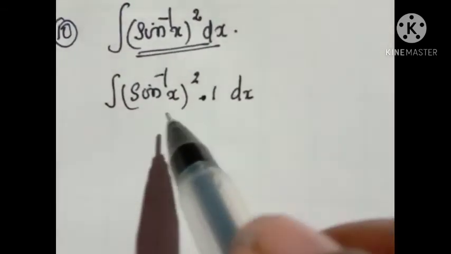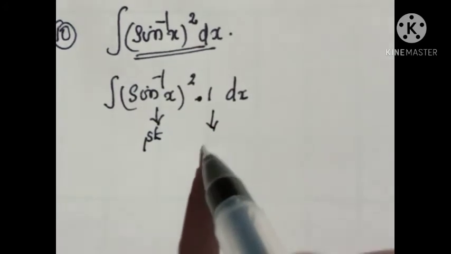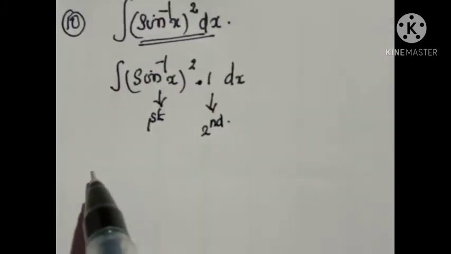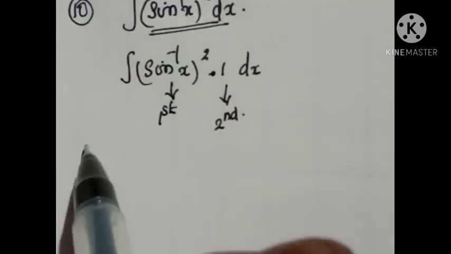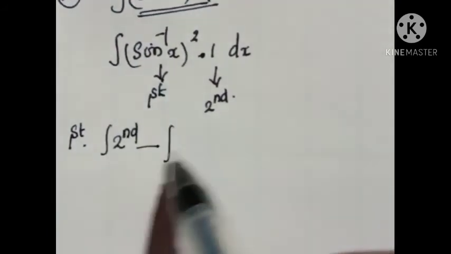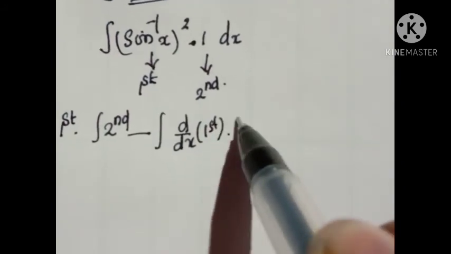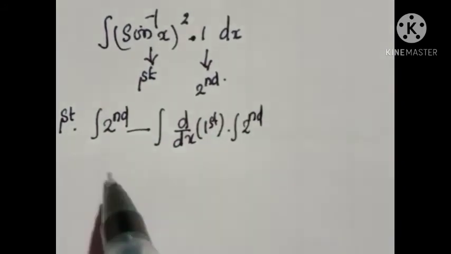Okay. Now consider this as the first function and 1 as the second function. So integrate by parts: first into integral of second minus integral of derivative of first into integral of second.